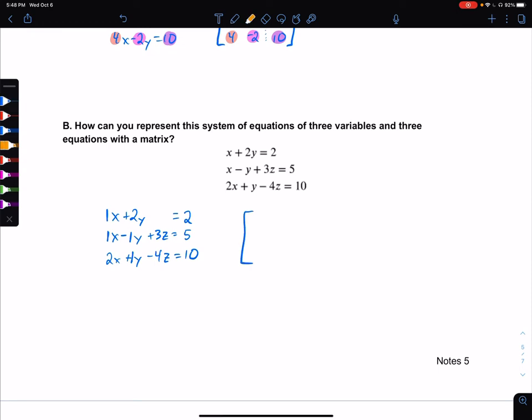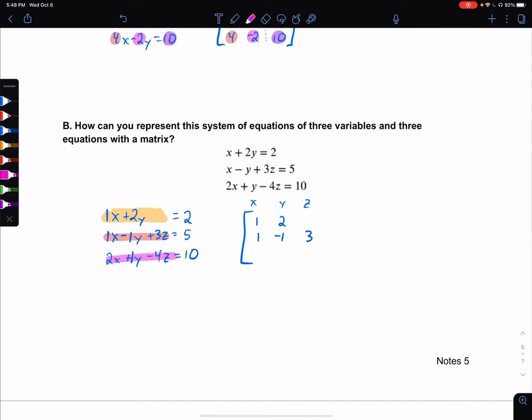So I'm going to take the numbers here. That's going to be a 1, 2. They should be in alphabetical order, so it should be x, y, z. The second one here, I would have 1, -1, and 3.